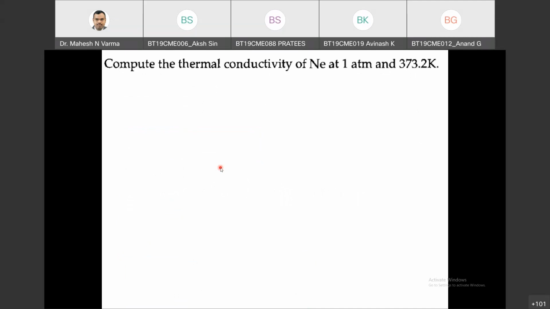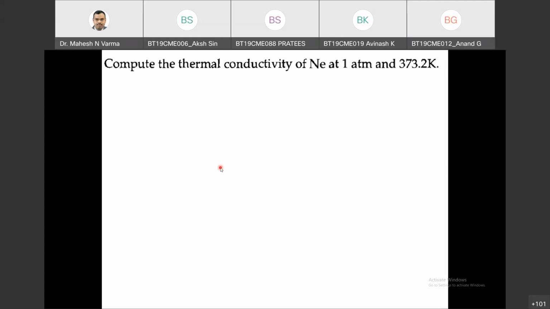I want just the procedure: how can this problem be solved based on whatever input you have?